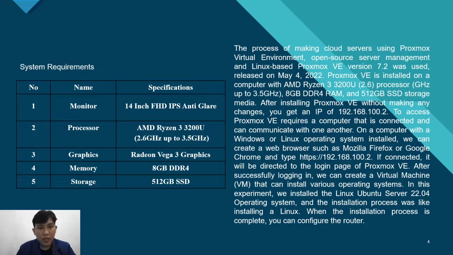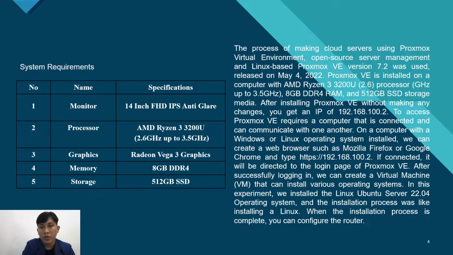Okay, system requirements. As you can see, here is the system requirements table. First is the monitor, and then processor, graphics, memory and storage with their specifications. The process of making cloud servers uses Proxmox virtual environment, open source server management and Linux-based.